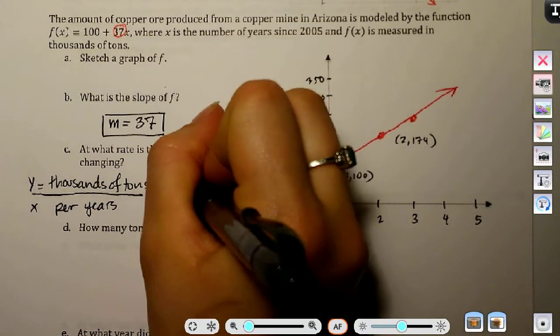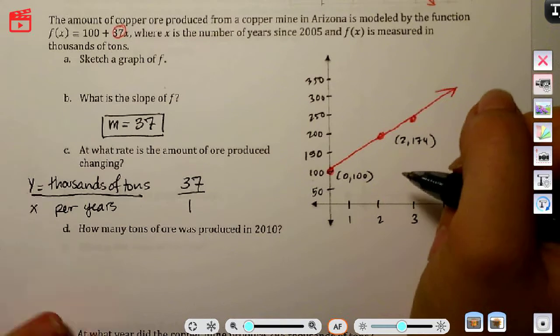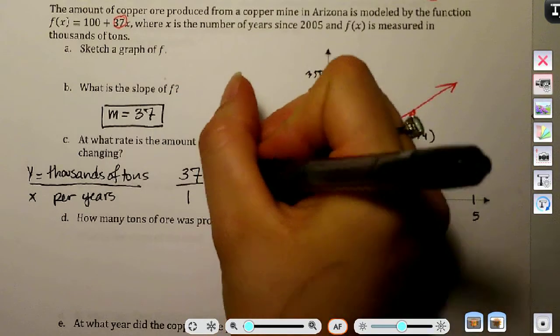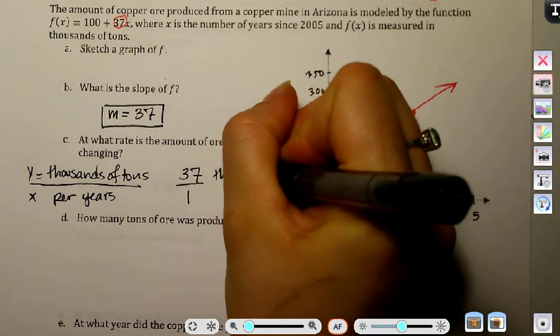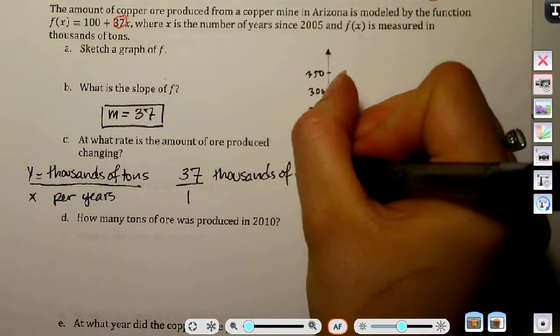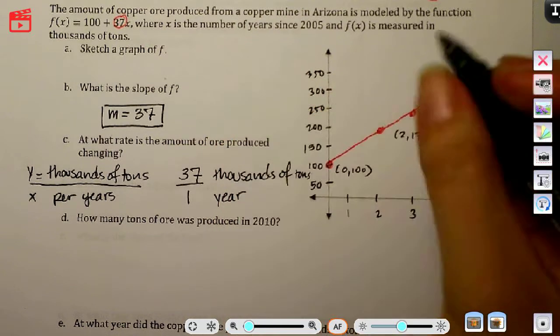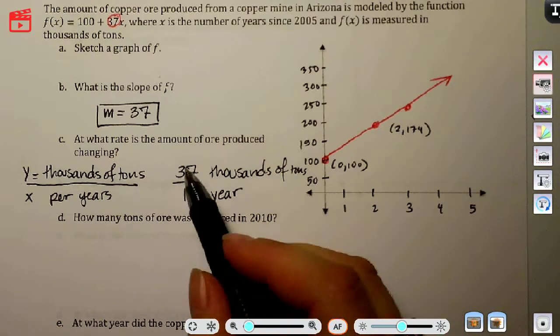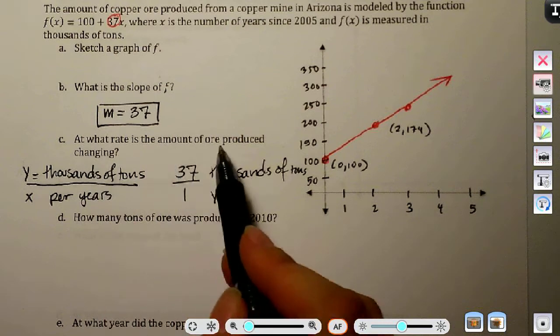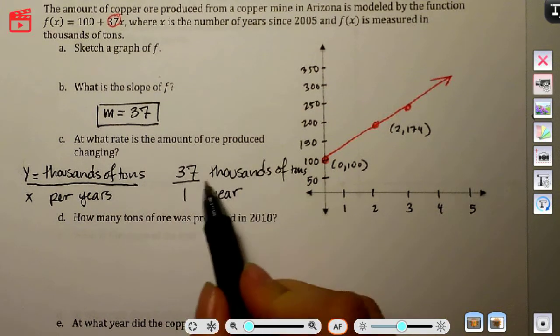Okay, so our slope was 37 over 1. We can put it as over 1. So 37 is thousands of tons, and we have 1 year.